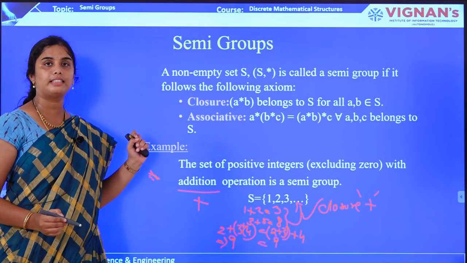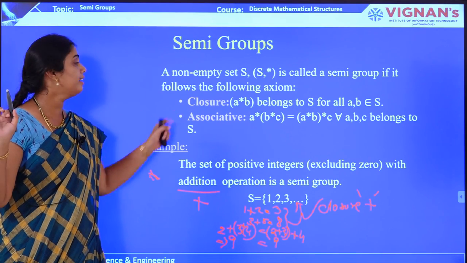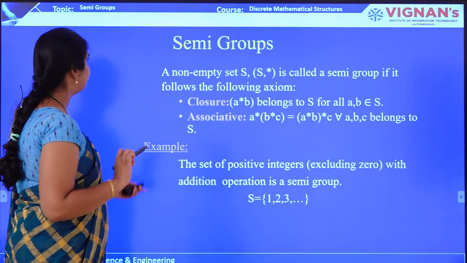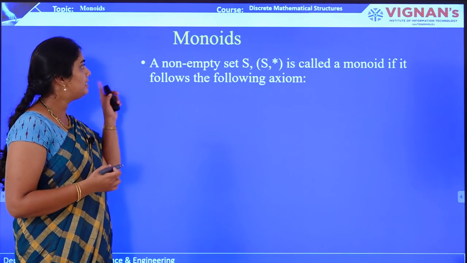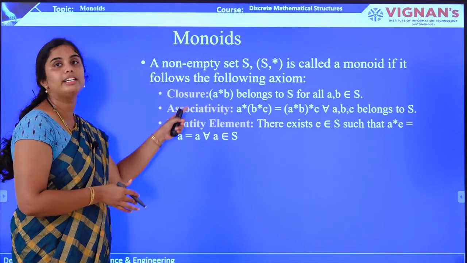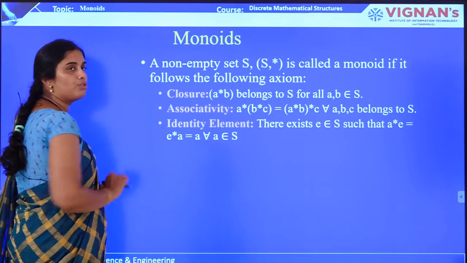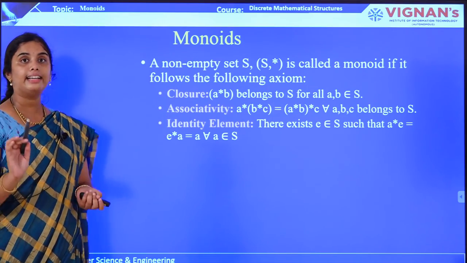So, a semi-group is nothing but a structure which obeys the closure property under a certain binary operation and it obeys the associative rule also. Next, the other one is the monoids. In a similar way like the algebraic structures and the semi-group, it also needs to obey certain axioms. The first one is the closure, the second one is the associative, and the third one is the identity element.